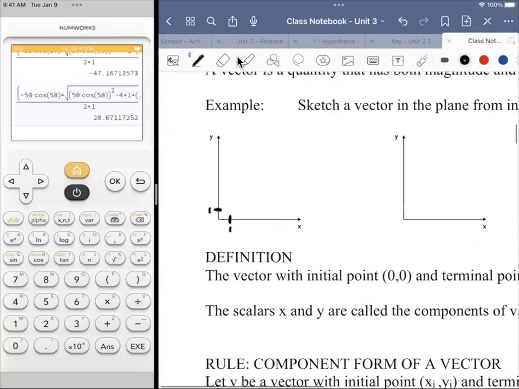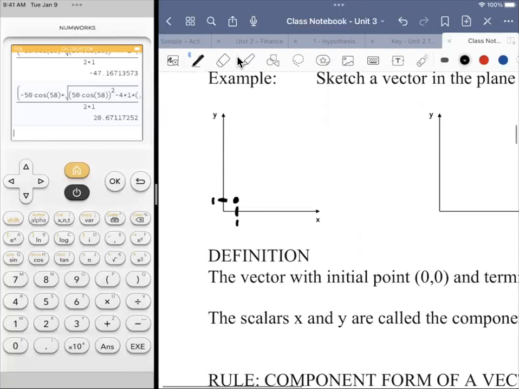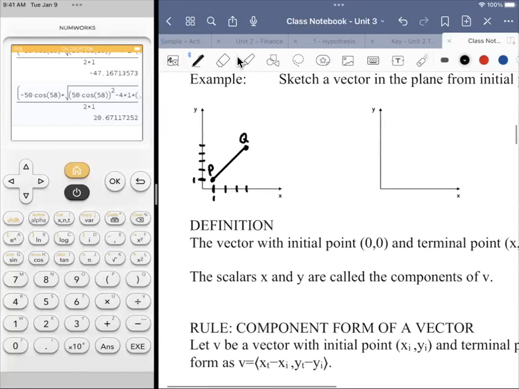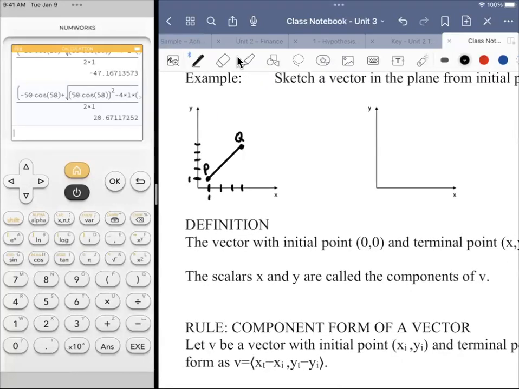And the other one again is (4, 5). I'll plot a point here, and then 2, 3, 4, 5. That would be over here. So this is a line segment going from P to Q. That's not a vector, that's just a line segment.